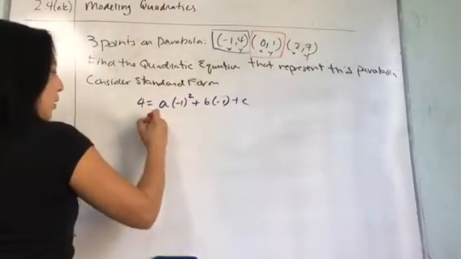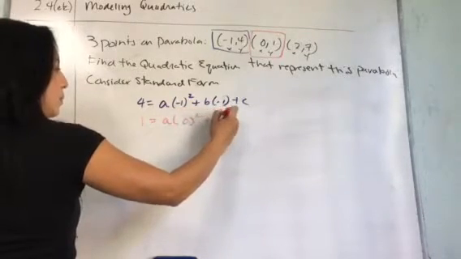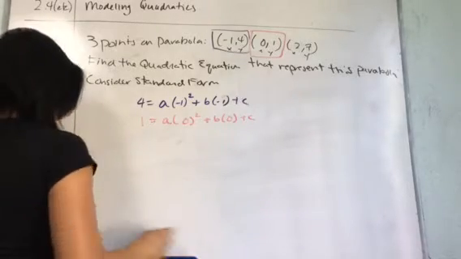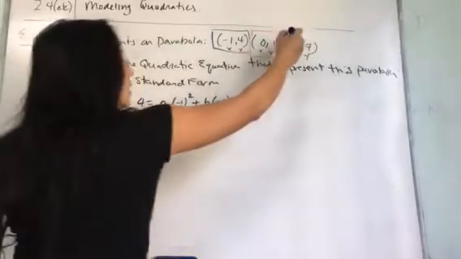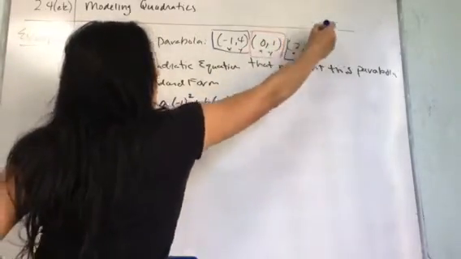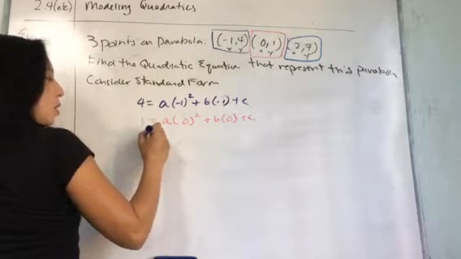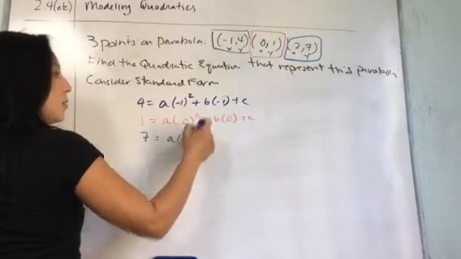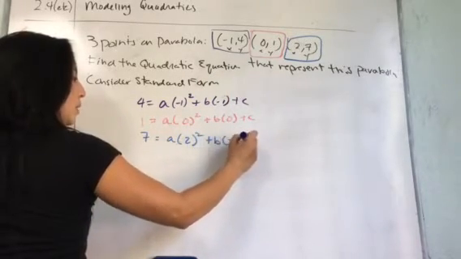Our y is 1, which is equal to a times 0 squared plus b times 0 plus c. Then the third point is 2 and 7. If we plug that into a standard form equation, we have f of x, or y, which is 7, equal to a times 2 squared, plus b times 2 plus c.